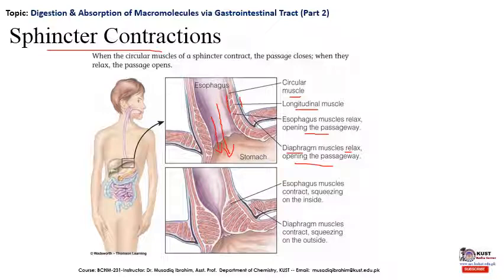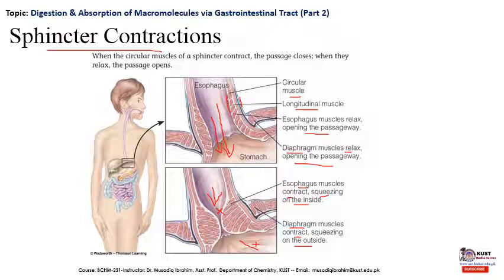And when the esophagus muscles contract, squeezing on the inside of the esophagus takes place, and the food cannot go into the stomach. Along with the esophageal muscles contracting, the diaphragm muscles also contract, squeezing on the outside.